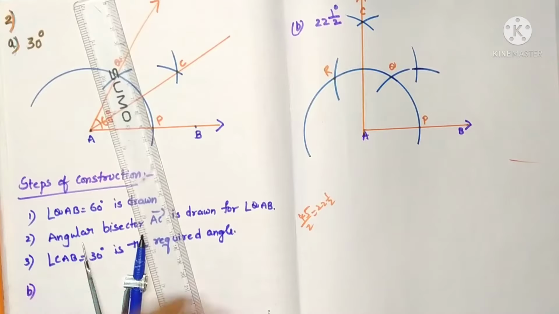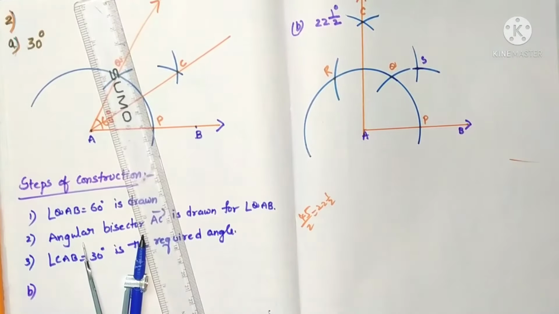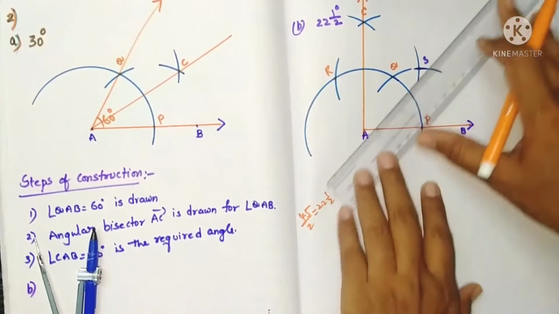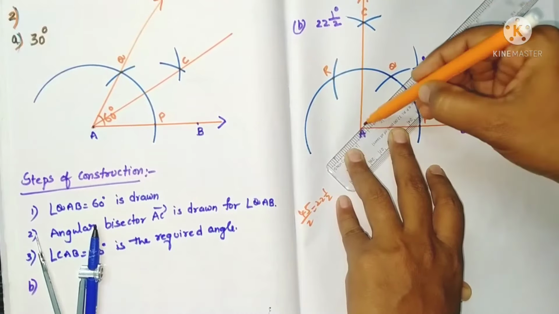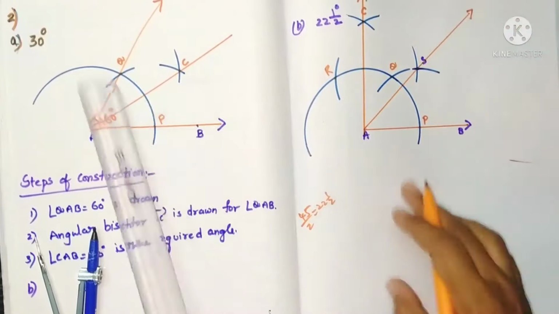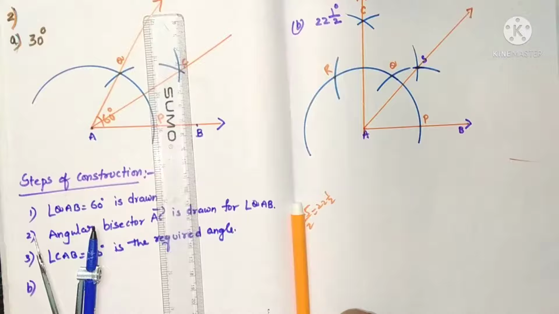Now take the point of intersection as S. Now draw a ray through A and S. So now angle SAB is the 45 degrees.